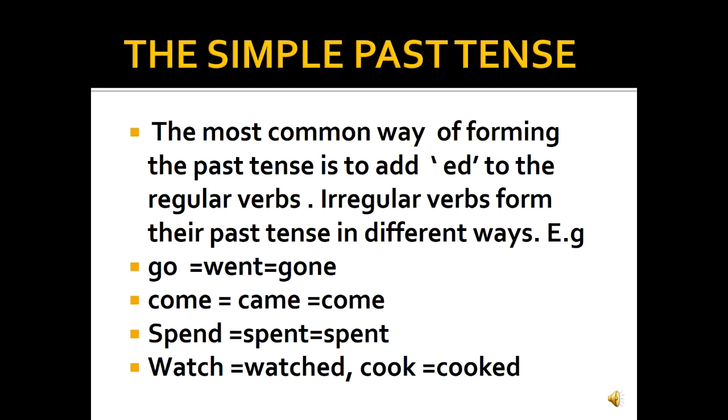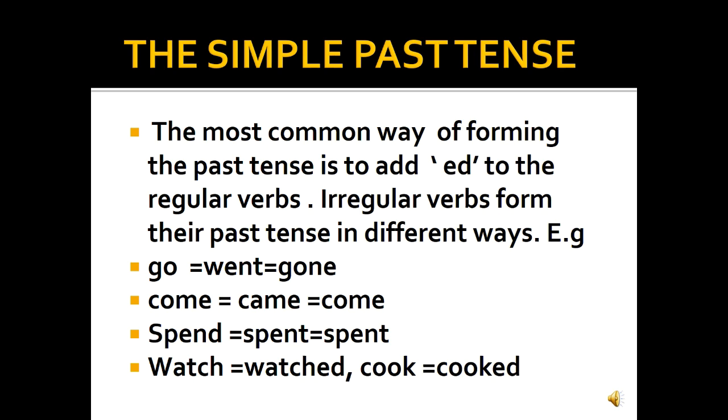For instance, I have the verb go, that is the present. The past tense of go is went, and the past participle is gone. Then we have come, which is present tense. The past tense is came, and the past participle is come.